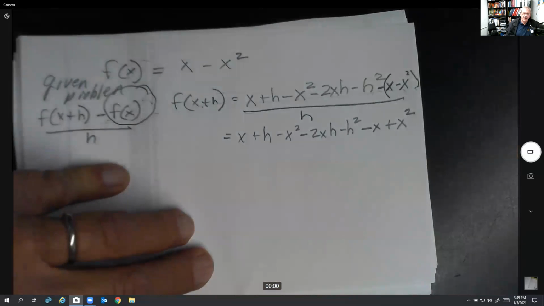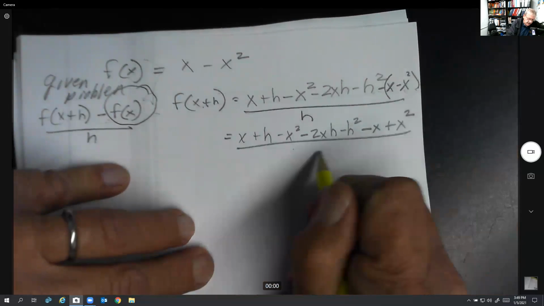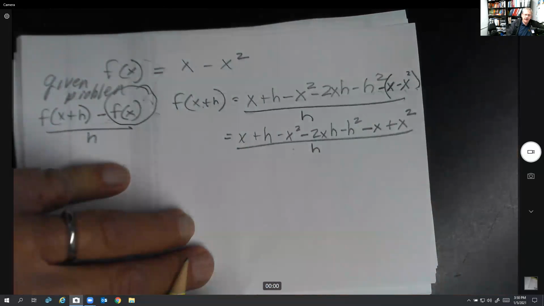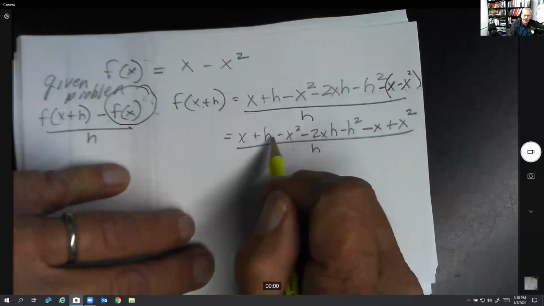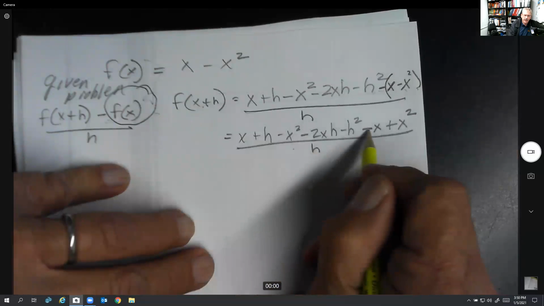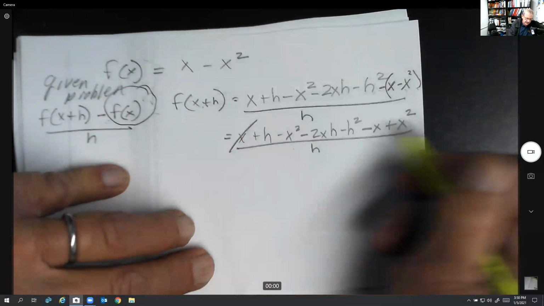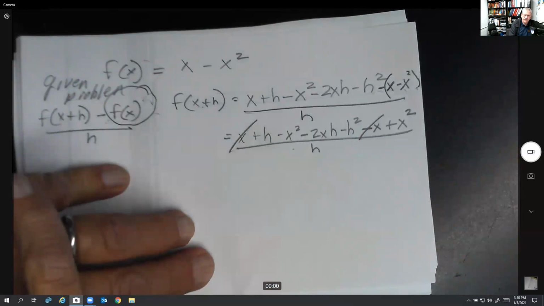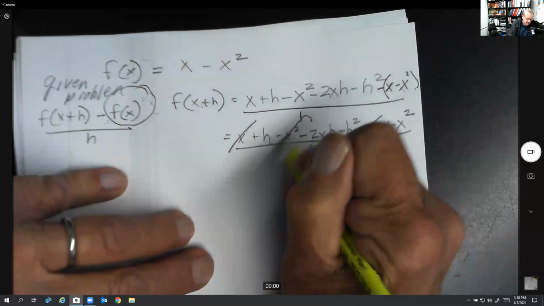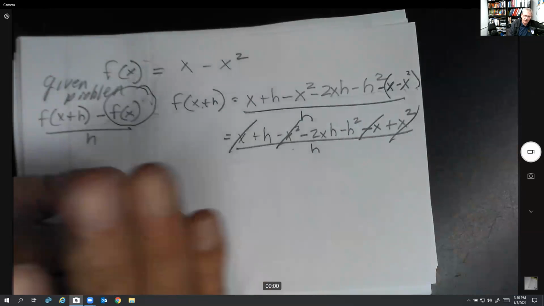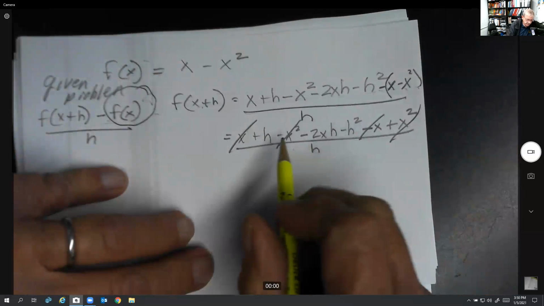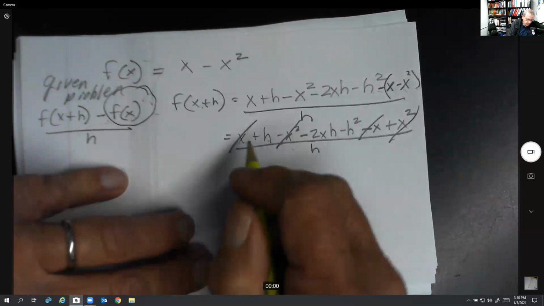Now, if you did it right, and we're going to divide that by h, any term that doesn't have an h with it will cancel off. These x's cancel each other off. Minus x squared plus x squared. So you can kind of verify you're doing it right. This always works. Only h terms should be left.